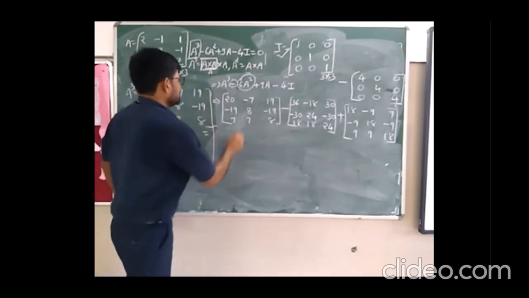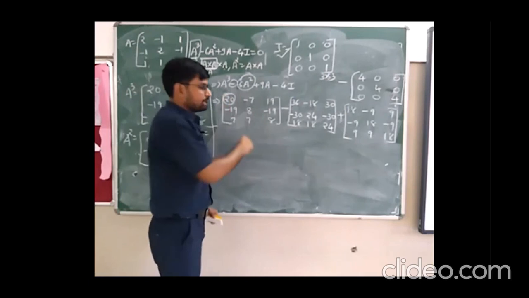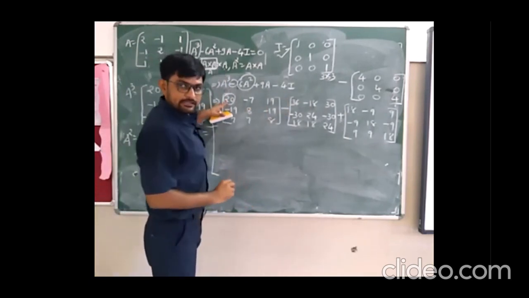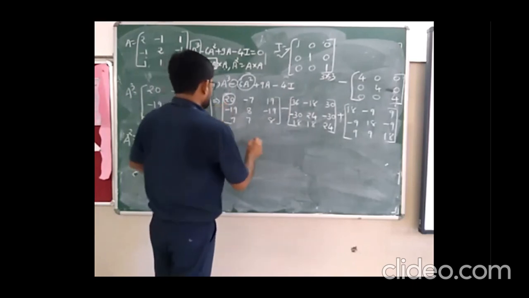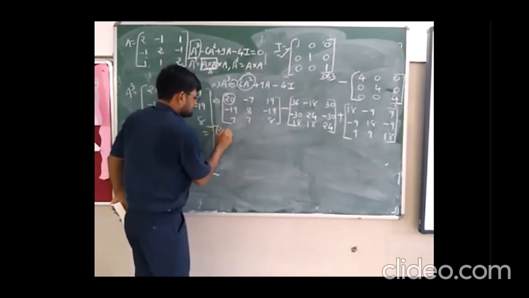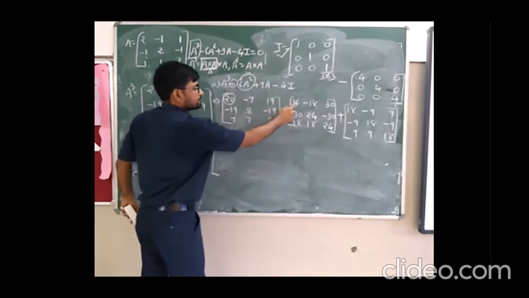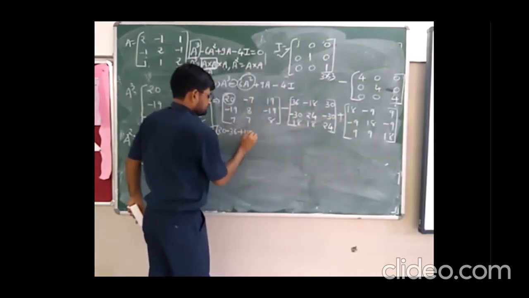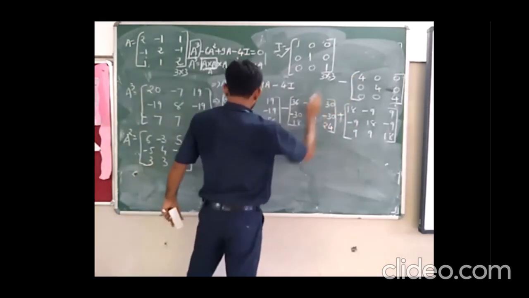So here we'll first use the first element of each and every row. So this is 20. So 20, we'll write here 20 minus 36 plus 18 minus 4.